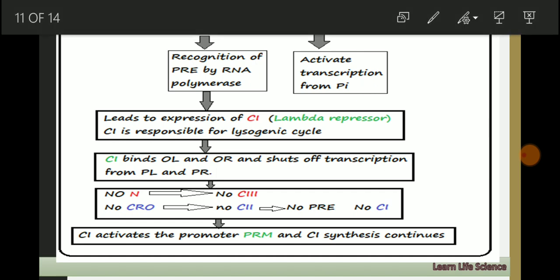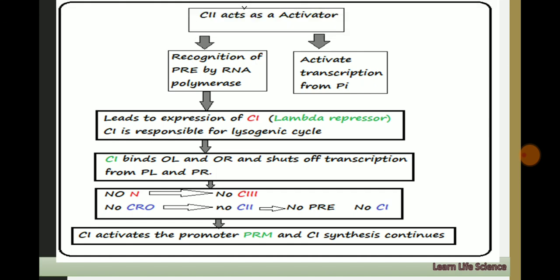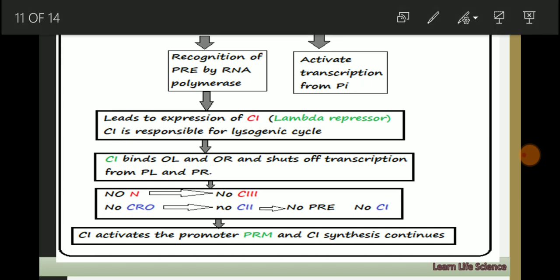Now as I have told you, C2 act as an activator which is involved in recognition of PRE by RNA polymerase, as well as it is going to activate transcription from PI. Now the recognition of PRE by RNA polymerase will lead to expression of C1, and C1 is the lambda repressor, the repressor of the genetic regulation system.